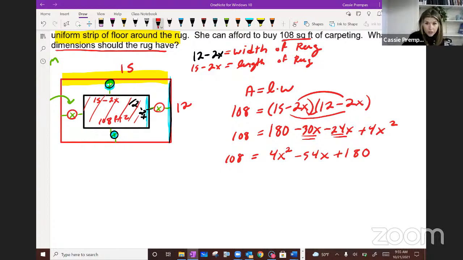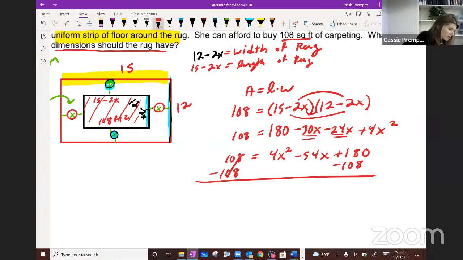And we learned from the critical thinking that if it's a rational number answer, then the problem is indeed factorable. So I'm going to subtract 108, and that gives me 0 is equal to 4x squared minus 54x plus 72.